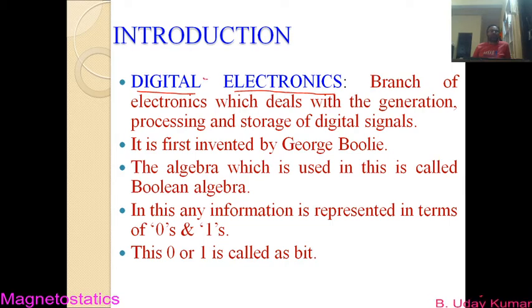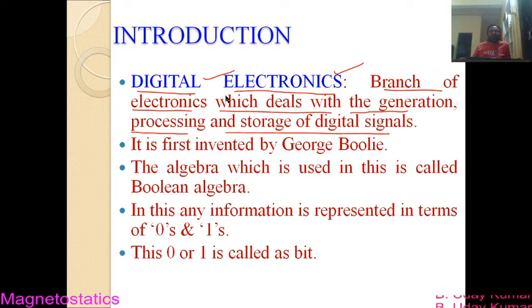Digital electronics is a branch of electronics which deals with the generation, processing and storage of digital signals. So this is the basic definition of digital electronics.